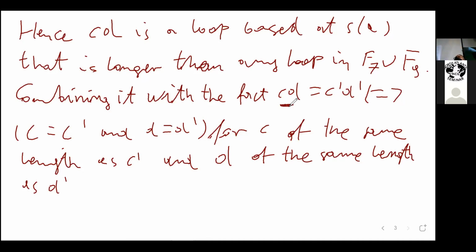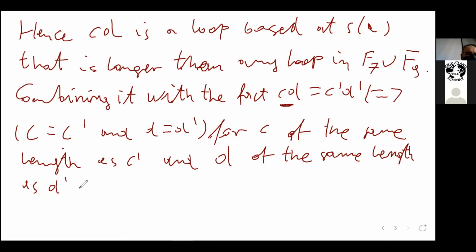Now it's not C concatenated with D, but C prime concatenated with D prime. Let's assume it. But of course, if they are equal, they must be of the same length. They must be longest. And if they are longest, then C prime, D prime must be longest in the appropriate subsets. But this means that the length of C is the same as the length of C prime, and the length of D is the same as D prime. Therefore, this argument holds. Okay.